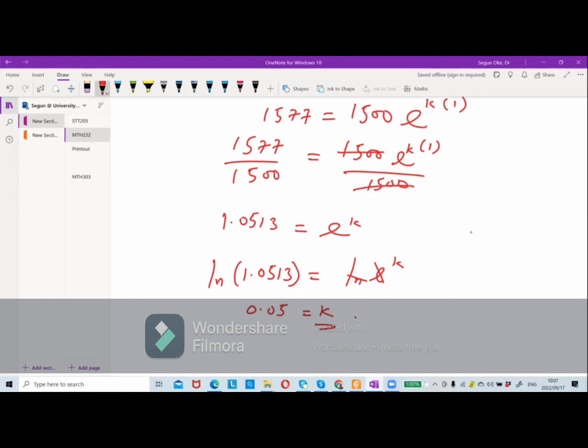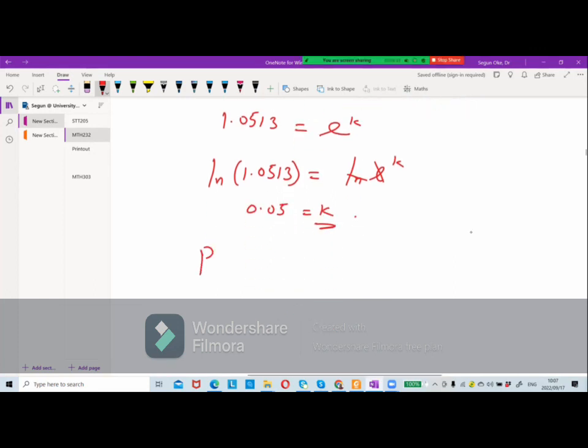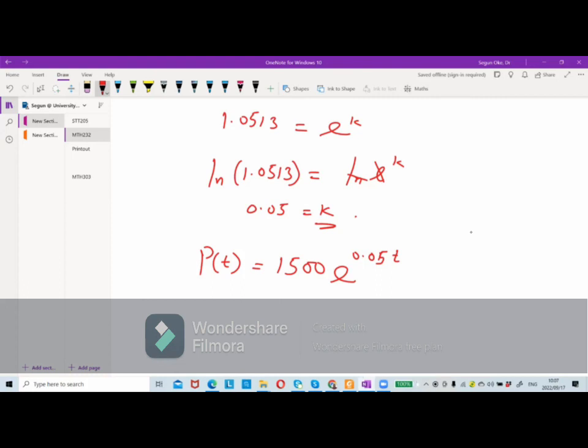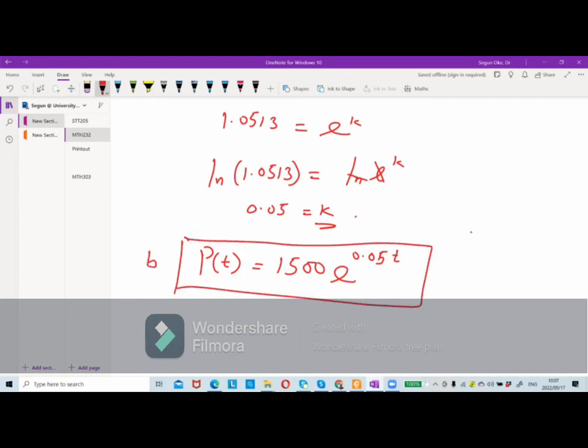So our P of t will be 1,500 exponential 0.05 t. That is the general solution they ask us to write. After we've calculated, determine the relative growth rate. Growth rate is k. As I explained to you initially, that's the growth rate. After that, you substitute your growth rate into your model, and this is B, this is A.